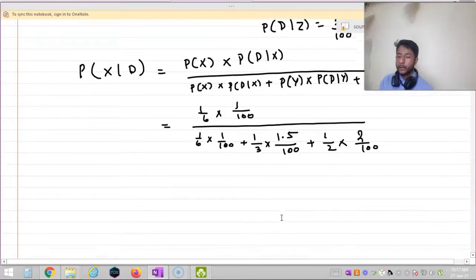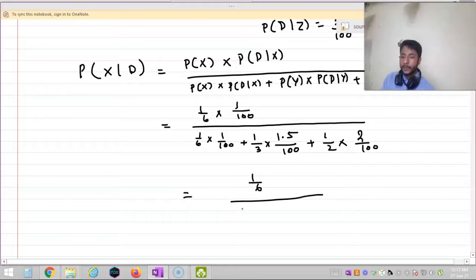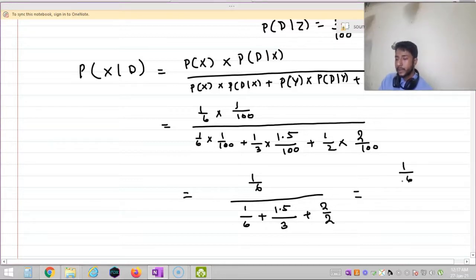So this is nothing but 1 by 6 over 1 upon 6 plus 1.5 by 3 plus 2 by 2. We can write it as 1 by 6 over 6, so this is 1 plus 3 plus 6, which gives 1 by 10.